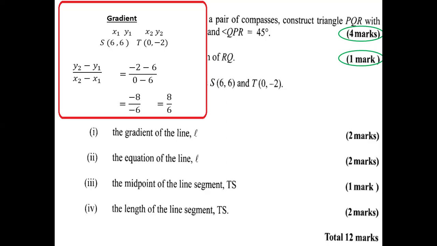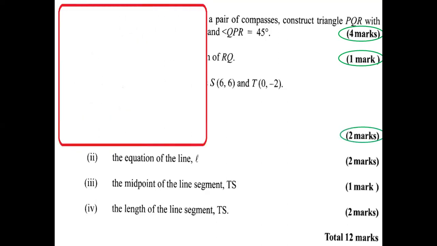But both numbers are negative in that fraction, so it's the same as having positive 8/6. And that's the gradient, 8/6. I wouldn't convert this to a mixed fraction, because we may need to use it again. It's fine being a fraction like that. 2 marks, of course, for that part of the question.